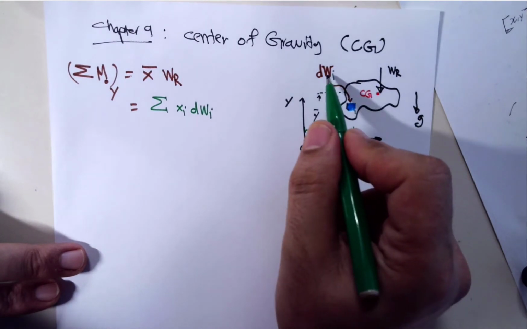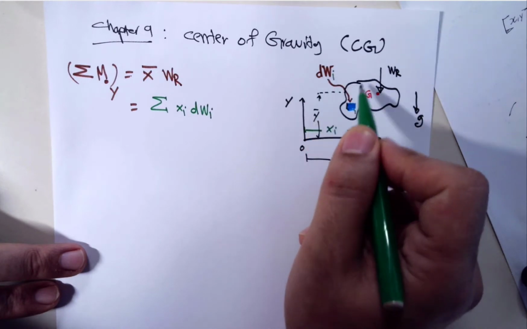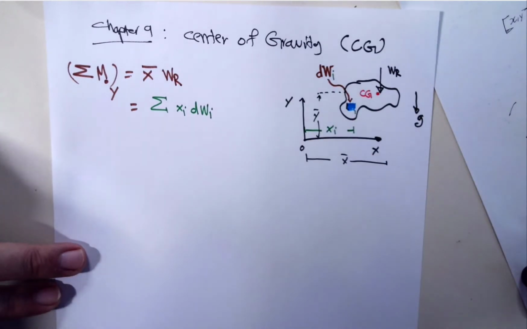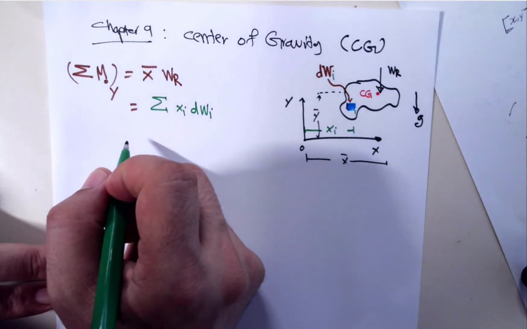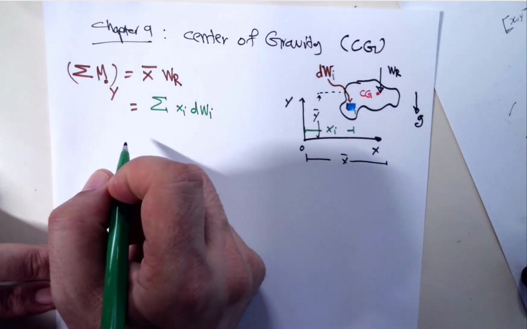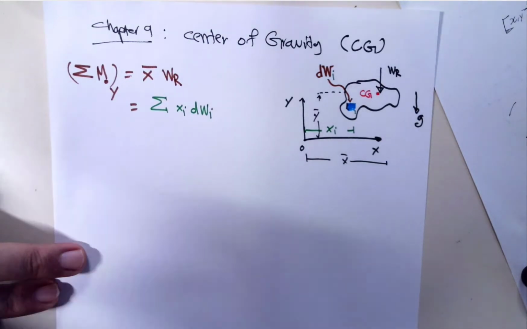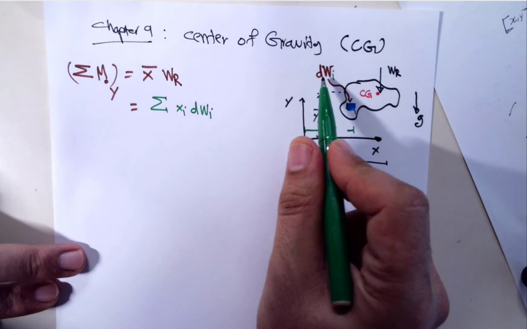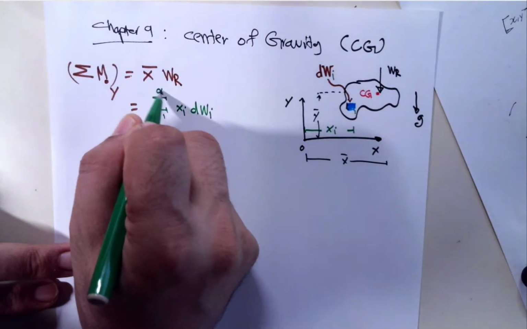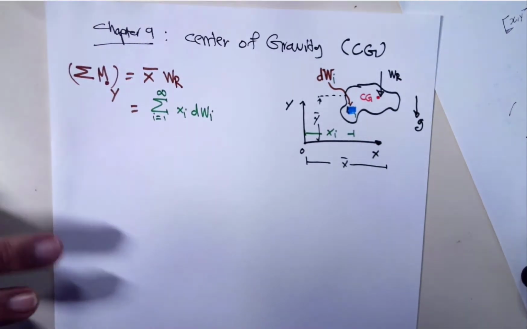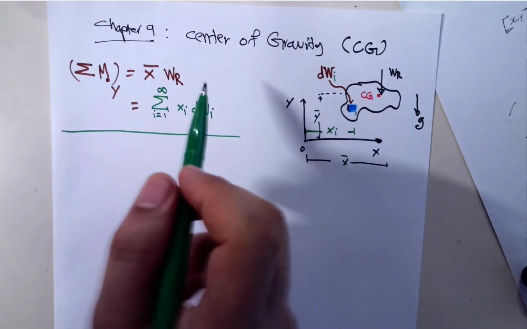Since d means differential and small, I can divide this weight into very, very small objects, and these could number from millions to tens of millions. So I'm going to make this differential very small, going to infinity. This is something we learned in the past.